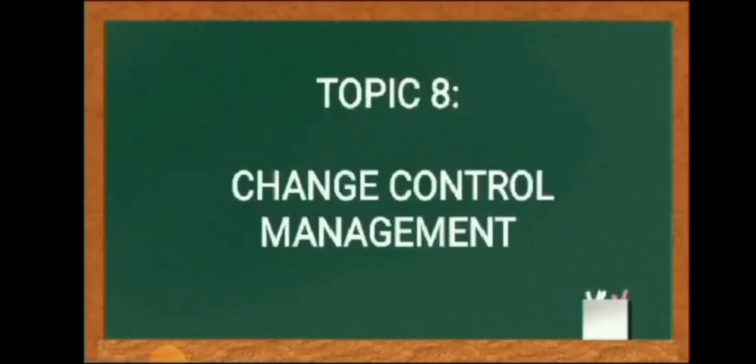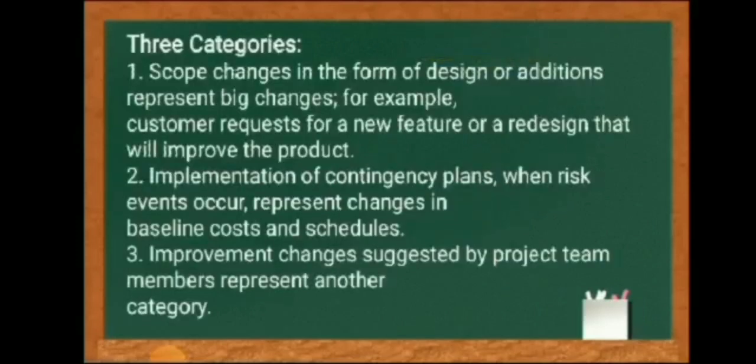Topic 8. Change control management. There are three categories. Number 1, scope change in the form of design or additional specification changes.